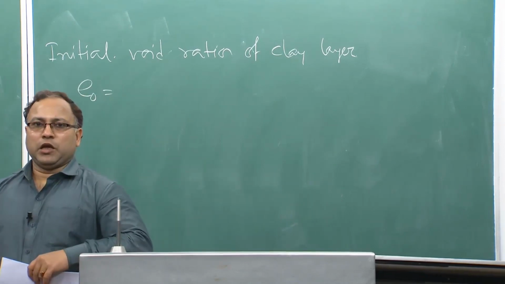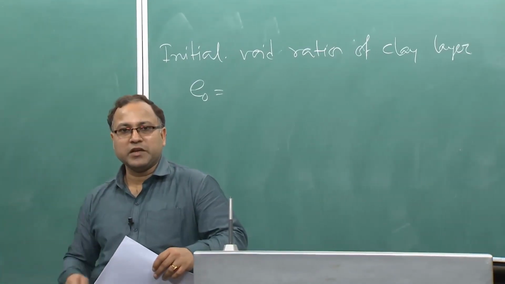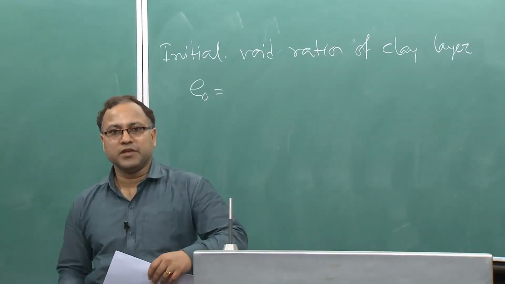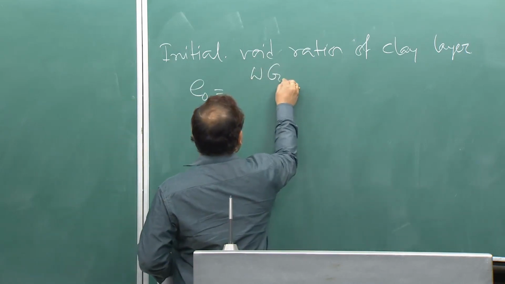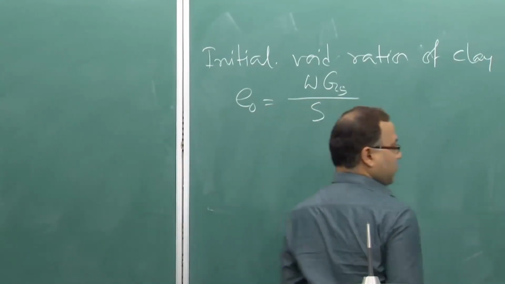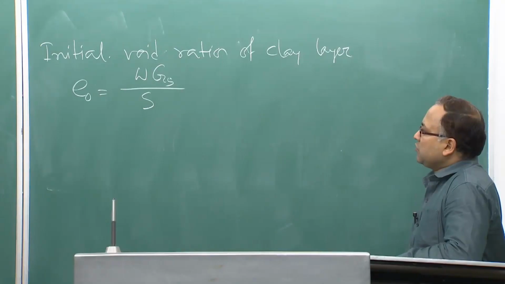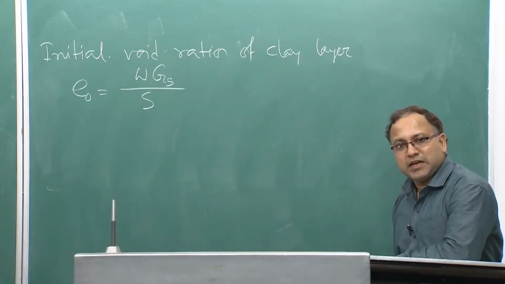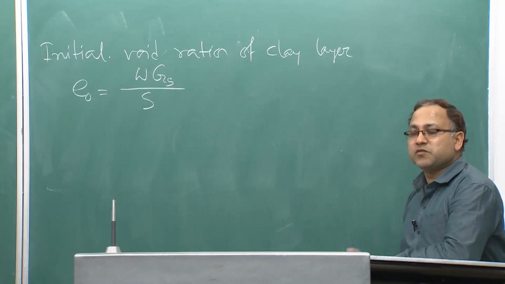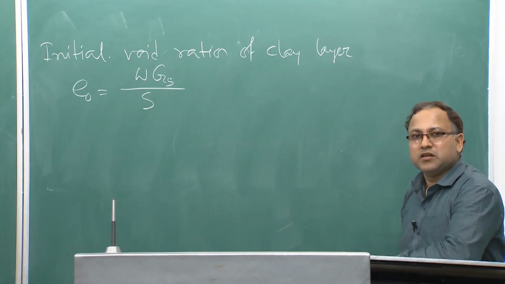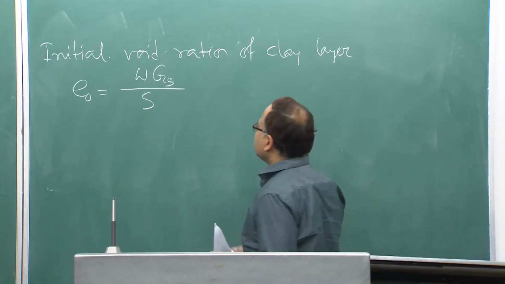If you recall the definitions of void ratio in terms of water content, specific gravity, degree of saturation, you can write e = w Gs / S, where w is the water content, Gs is the specific gravity and S is the degree of saturation. Now, what is the value of the degree of saturation for this clay deposit? It is simply 1, right, it is completely saturated. So, degree of saturation is 1.